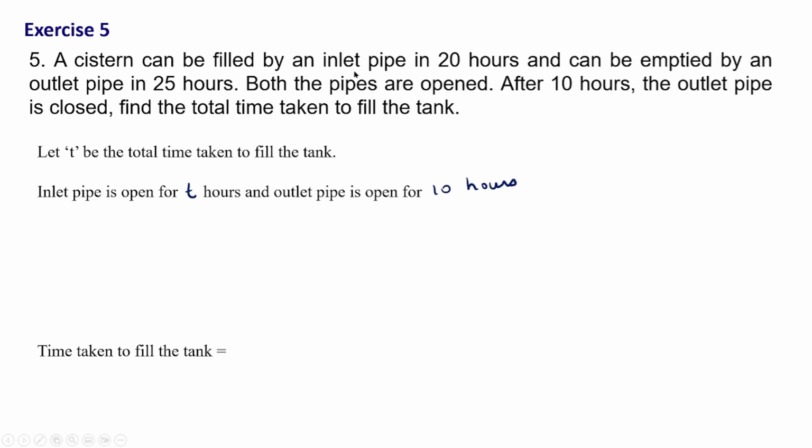Here the inlet pipe fills the cistern in 20 hours. So the part of the cistern filled by the inlet pipe in 1 hour will be 1 by 20. The part filled by the inlet pipe in T hours will be T by 20. Similarly, the part of the cistern emptied by the outlet pipe in 1 hour will be 1 by 25. The part emptied in 10 hours will be 10 by 25. So T by 20 minus 10 by 25 will be the entire tank.